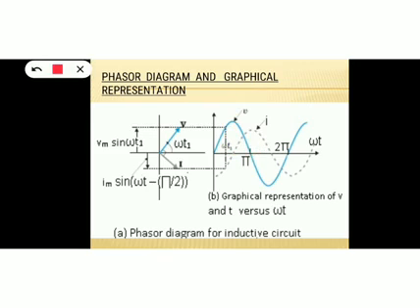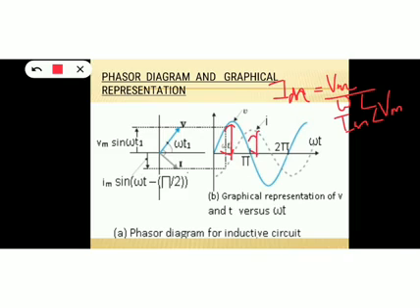I have the expression Im is equal to Vm by omega L, isn't it? That means the magnitude of the peak value of current is voltage Vm divided by omega L. So Im is always less than Vm. That's why the amplitude of voltage is always higher than the amplitude of current.